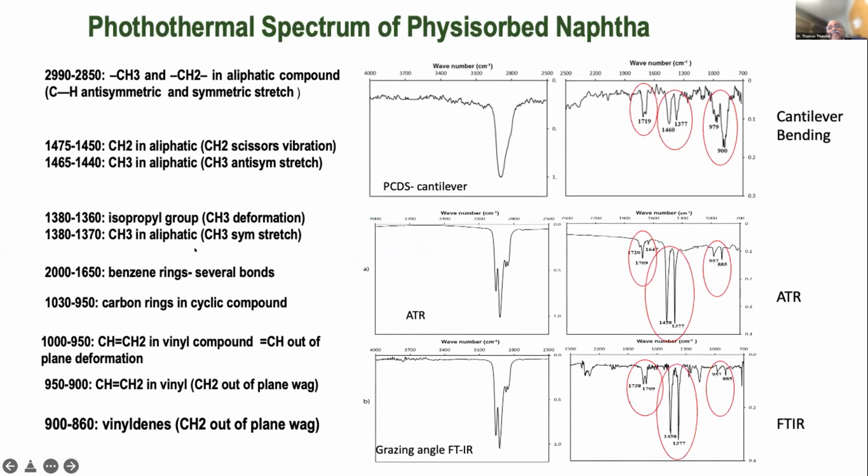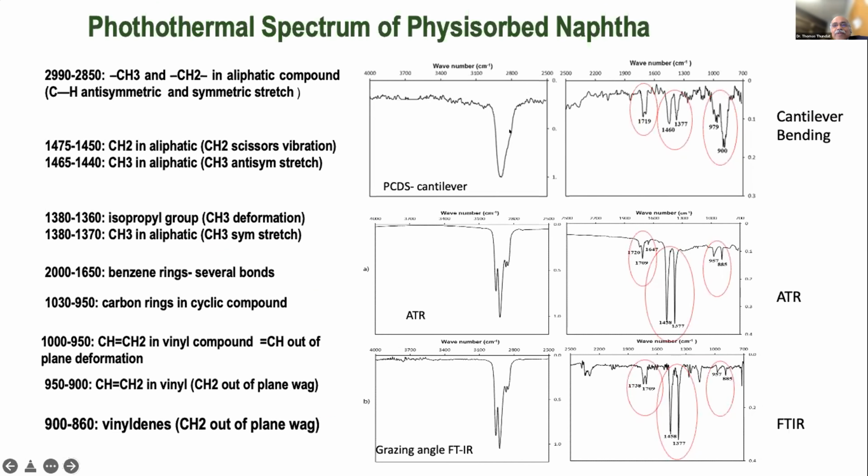Naphtha is like kerosene, and this is the cantilever bending as a function of different wavelength. The light source is a glow bar with a filter wheel, and you can see all the lines. This one is from ATR, and this is FTIR, and I have identified all the bonds here, and we can see all of them.